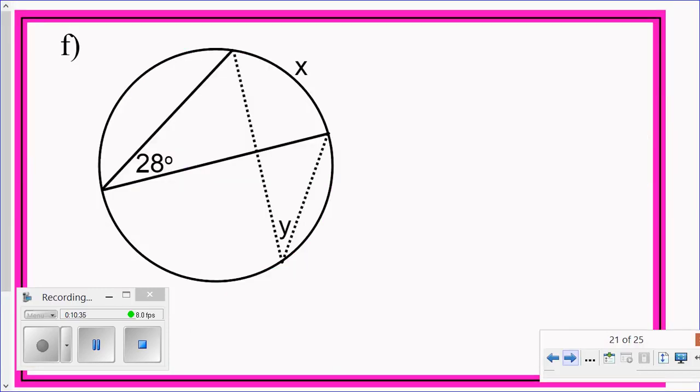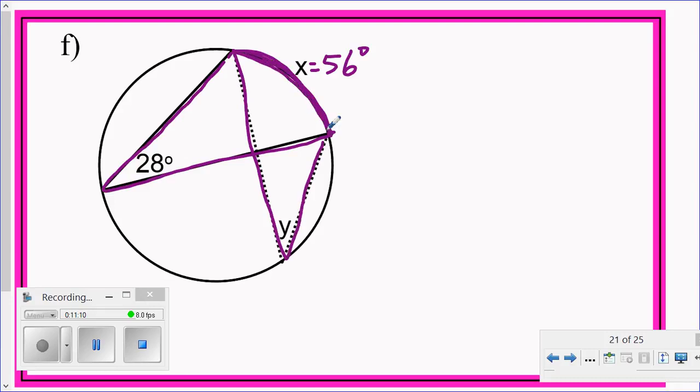Let's look at one more. So I can see that we have 2 inscribed angles here. We have this one here that's marked 28, and the intercepted arc is arc X. So I'm going to take 28 and double it, and that gives me 56. But I'm also noticing that we have a second inscribed angle that's marked Y, and it shares that intercepted arc.